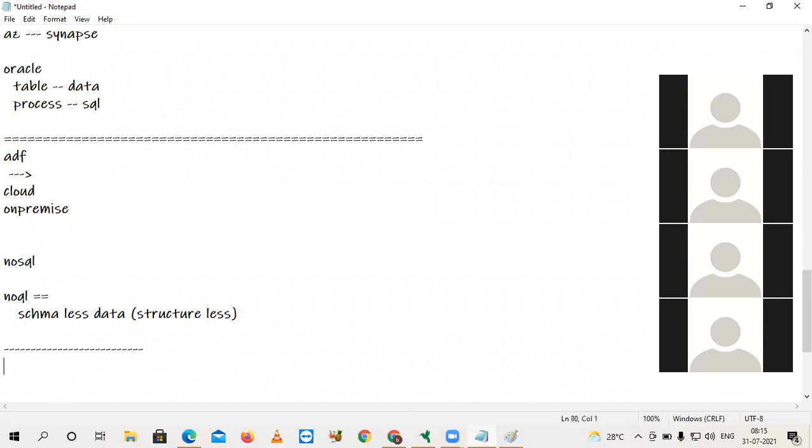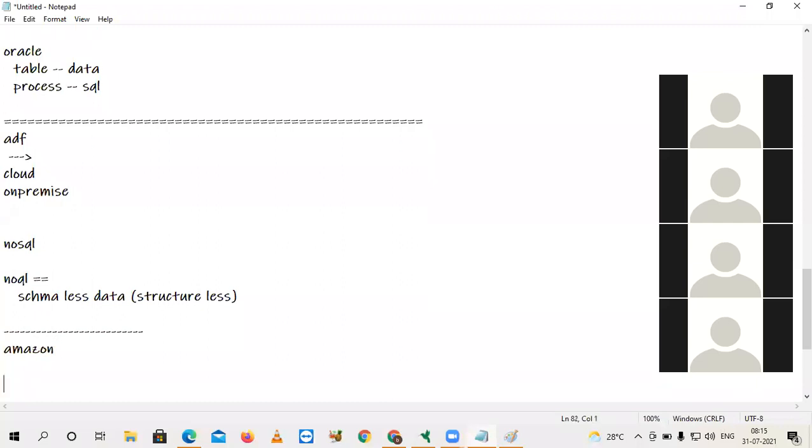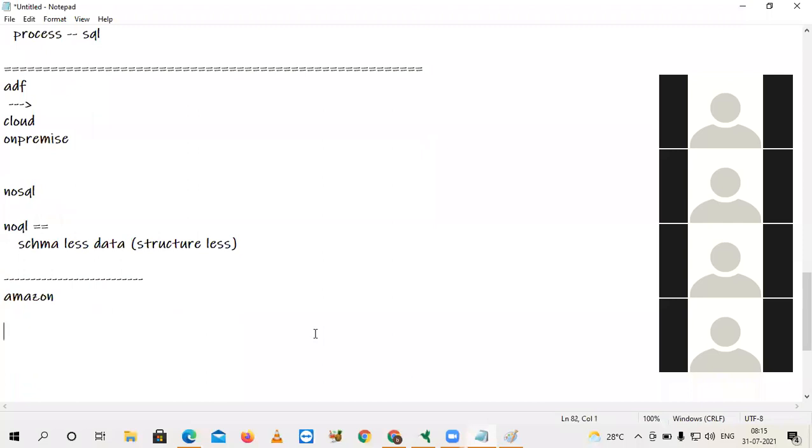Let's talk about the product called Amazon. Not Amazon Web Services, Amazon Online Retail. It is selling products online, right? Amazon is selling more than 750 different categories of products. I may be wrong as per the latest number.